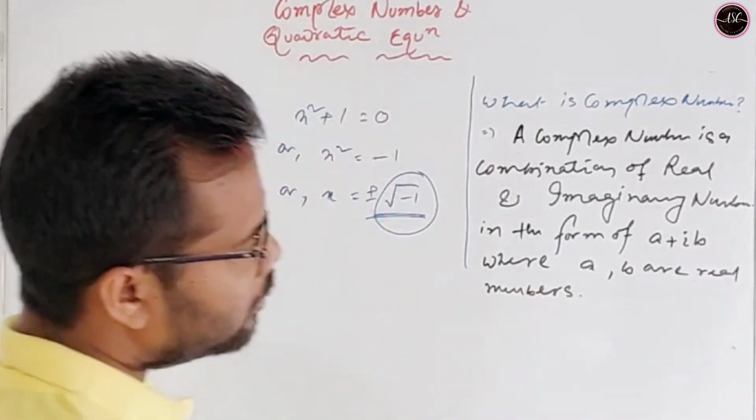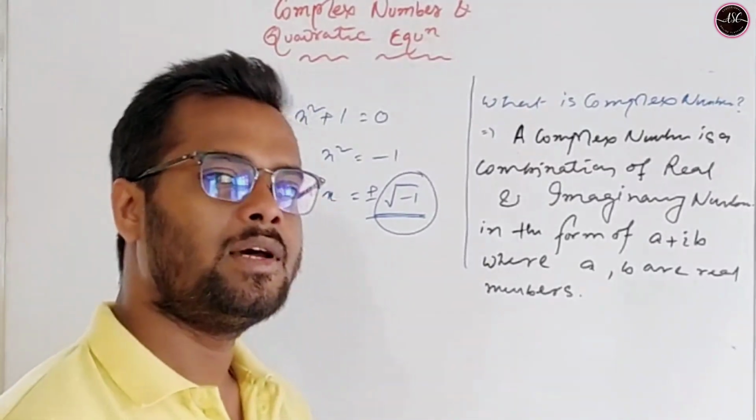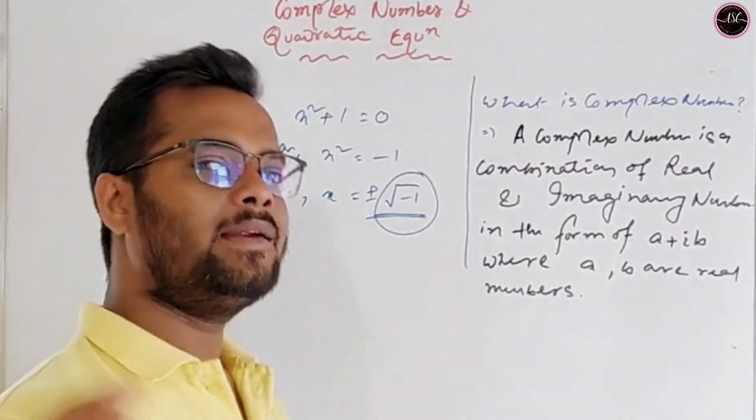So a complex number is just the combination of real and imaginary number.